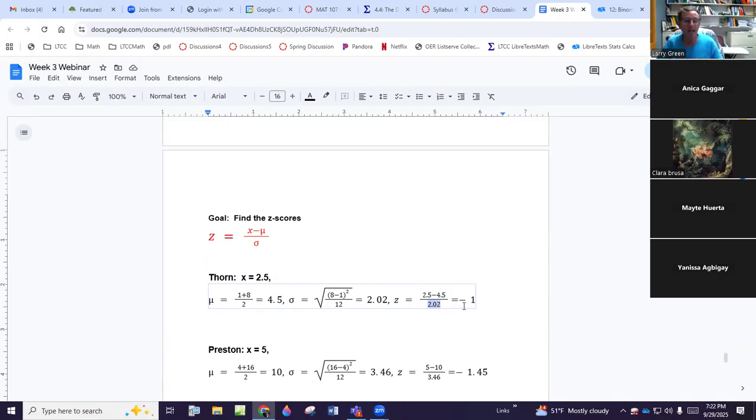Okay, and if you take 2.5 minus 4.5 and divide by 2.02, you get something very close, approximately -1, at least to 1 decimal.